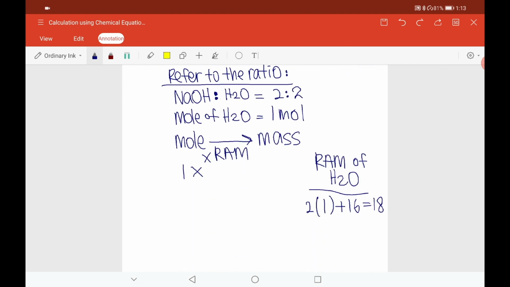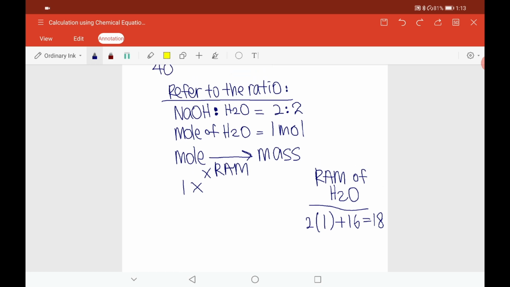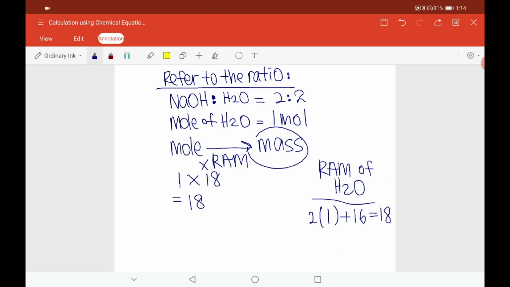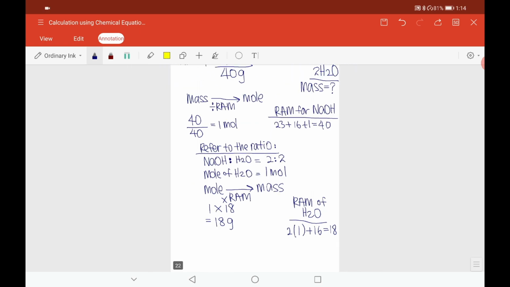So please don't multiply the 2 at the front when you do RAM calculation. Many students make this careless mistake. So it's 1 times 18, it's 18. And since we are looking for mass, the final unit is gram. So it's 18 gram.